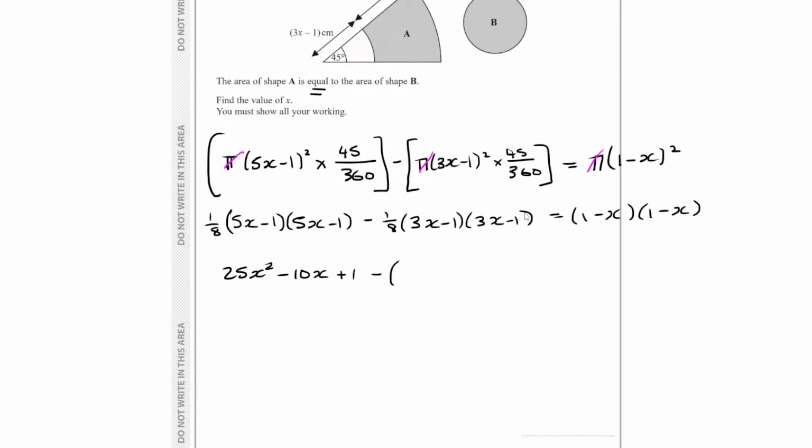I'm going to put it in brackets so that I remember at the end, after I've expanded it, that I need to subtract every term here. So that's the same logic. 9x squared minus 3x minus 3x is minus 6x plus 1 again. Do you see how I need to subtract not just the 9x squared, but also the negative 6x and also the 1? So that's why I put it in brackets.